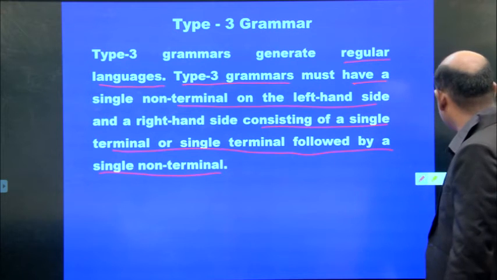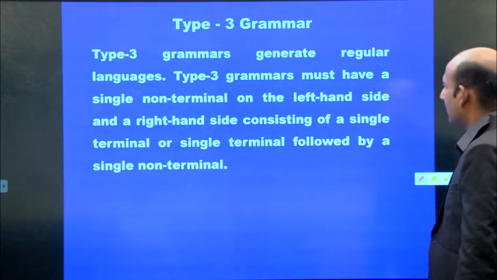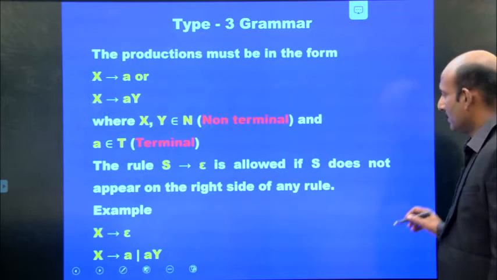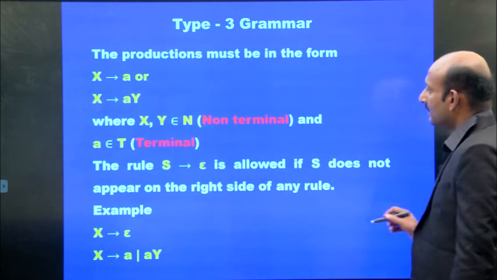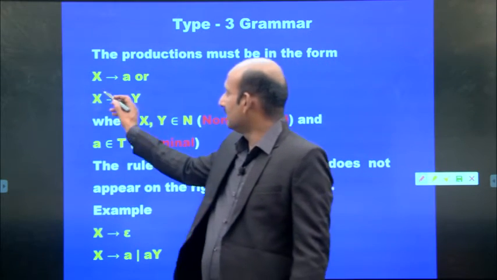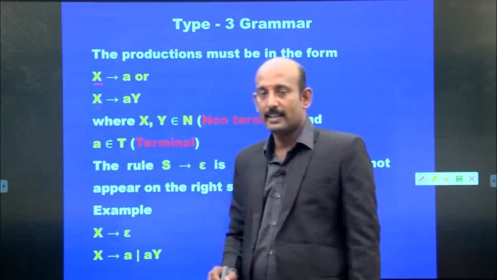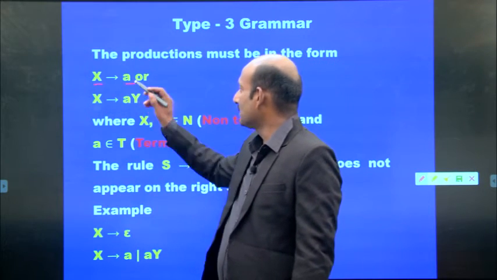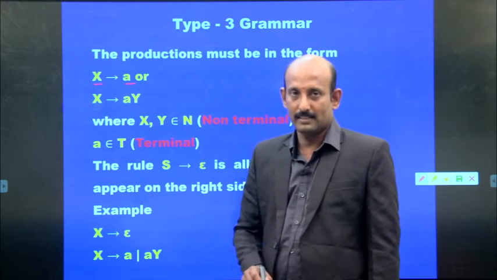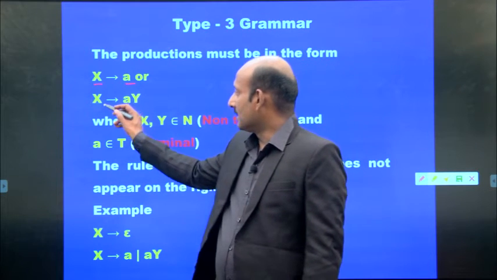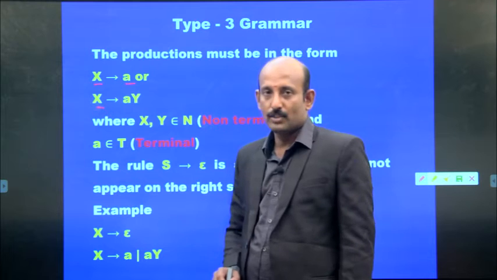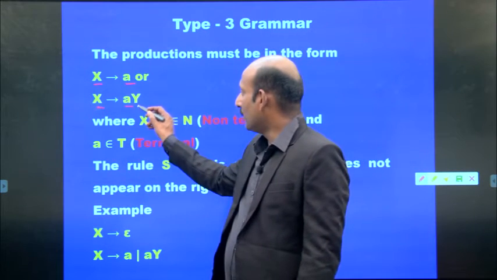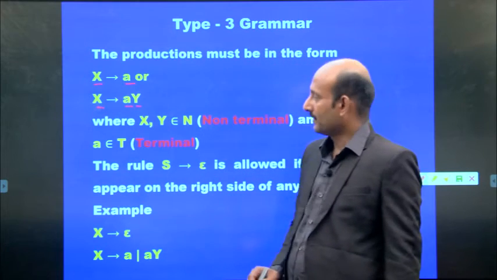Now, let's see examples of type 3 grammars. Where the left hand side is X, where X belongs to a single non-terminal, the right side of this production is a terminal symbol, or X goes to a terminal followed by a non-terminal.